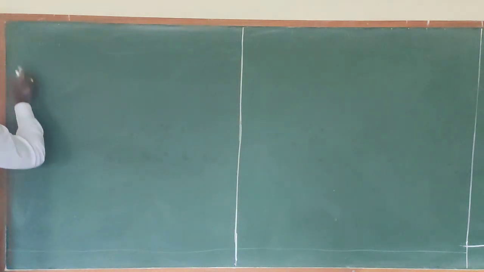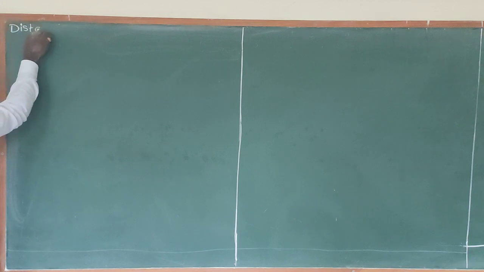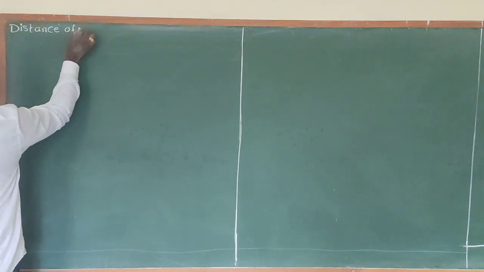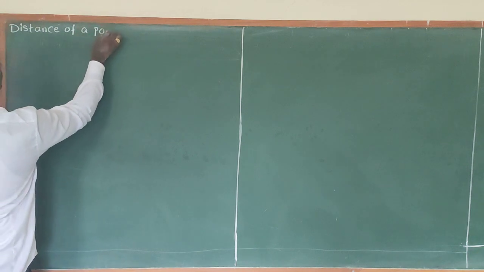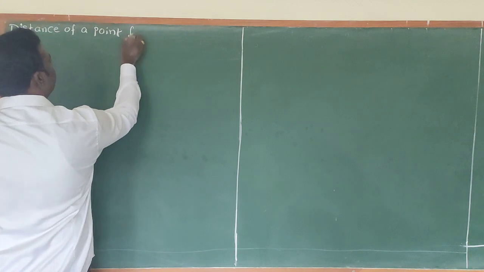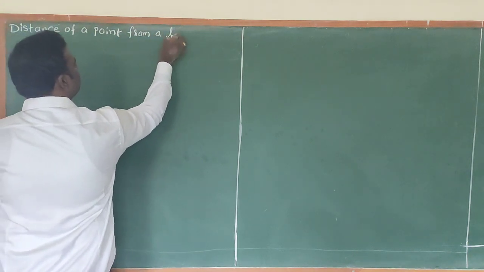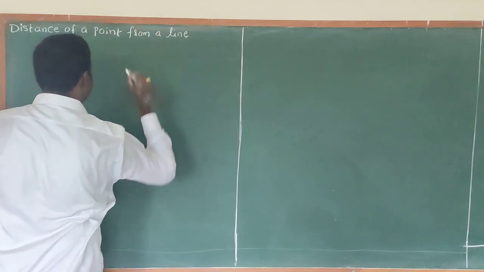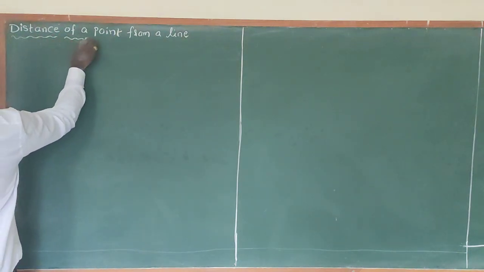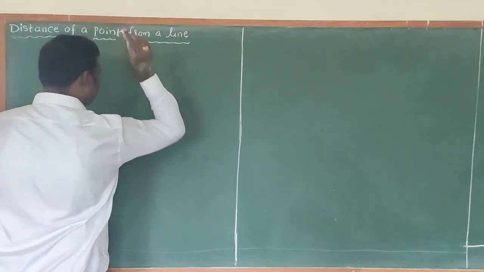Okay. Distance of a point from a line. Distance of a point from a line.